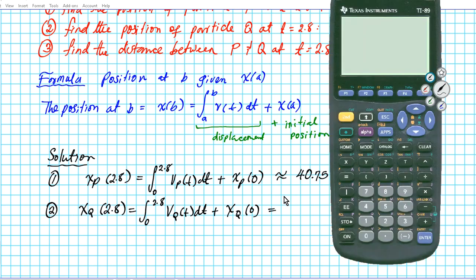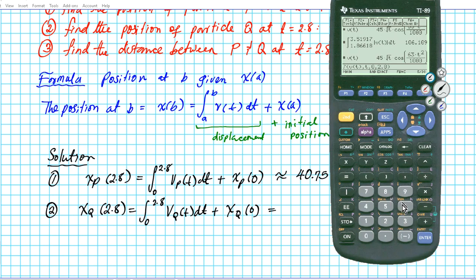We already stored v of q in our calculator. Very convenient. Let's just call it up again just to make sure. We stored it already, so we don't have to do it again. The beauty of storing functions, right? So let's calculate the displacement. The integral of v of t, the independent variable is t, the lower bound is 0, the upper bound is 2.8.